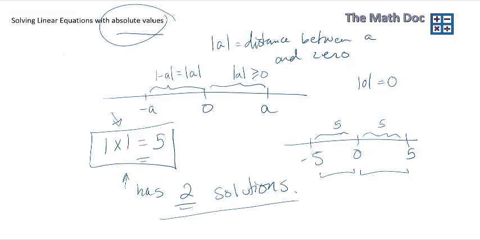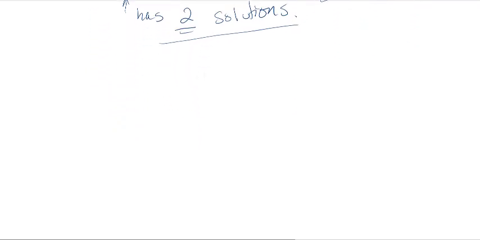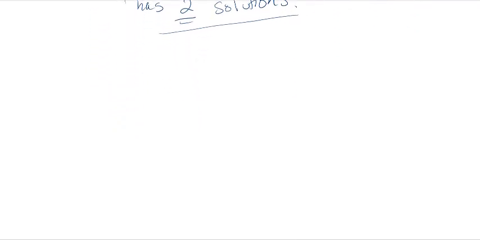Let's go on and look at a slightly more complicated example here. This example will help us understand how we can actually solve any linear equation with absolute values. So let's look at the equation: absolute value of x minus 2 equals 2.